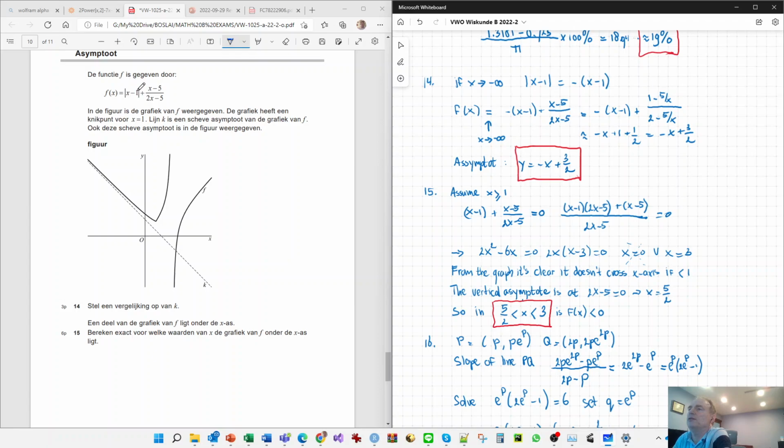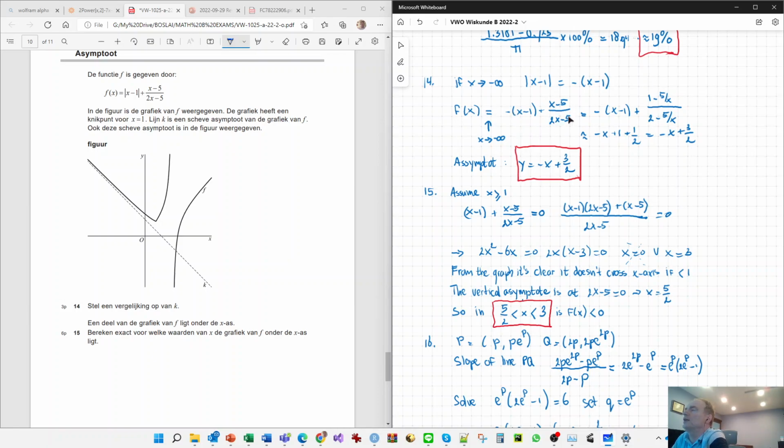It's always tricky with this absolute value here, but for sure the absolute value of x minus 1 is just minus x minus 1. So f(x) in that limit, if x is sufficiently large negative, you get this expression for the function.